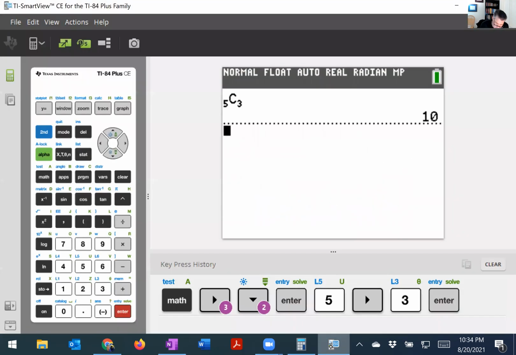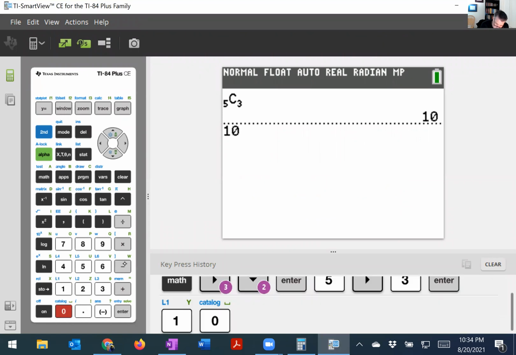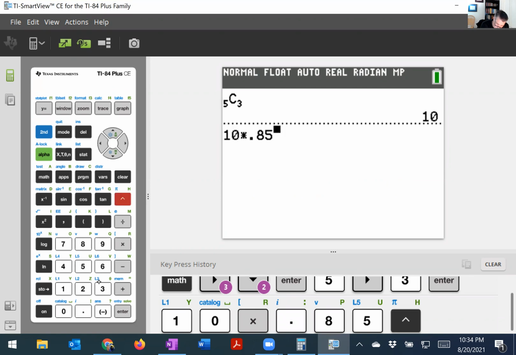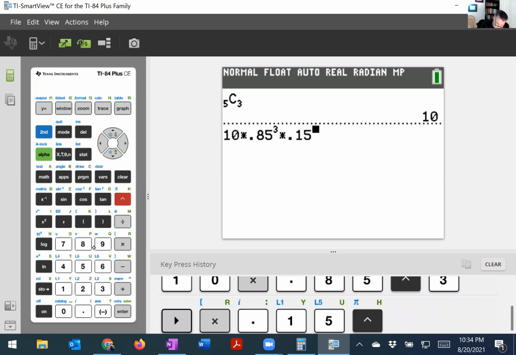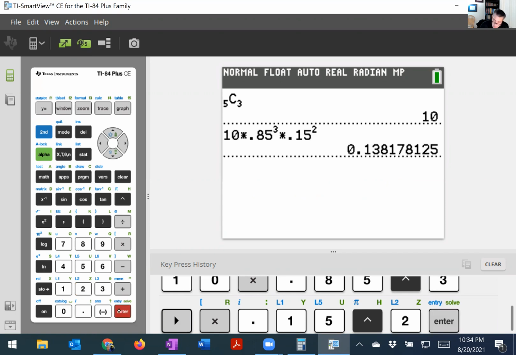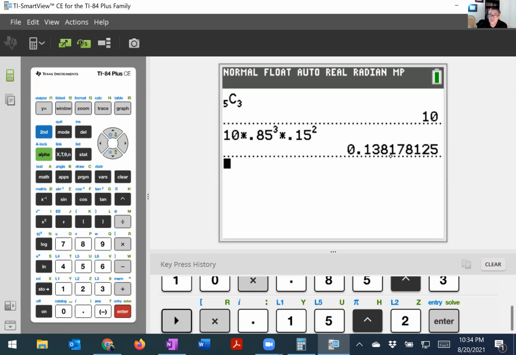Okay, this is going to be 10 times 0.85 raised to the third, that's my successes, times 0.15 raised to the second. And I'm getting 0.1382. So that's the probability that out of 5 people, 3 have a Facebook account.